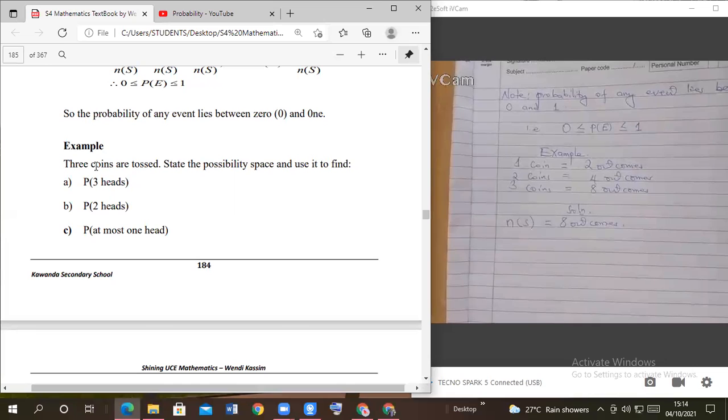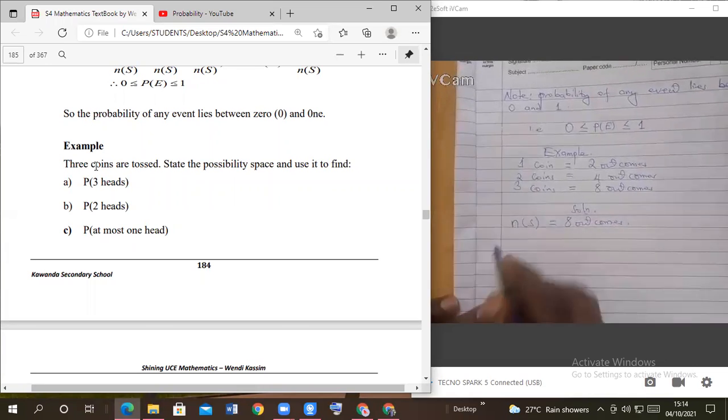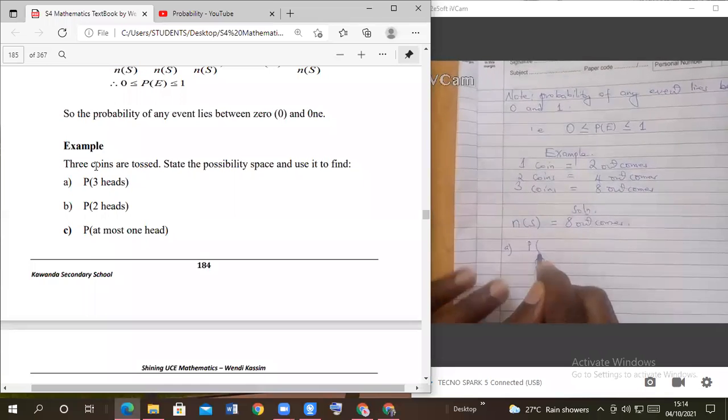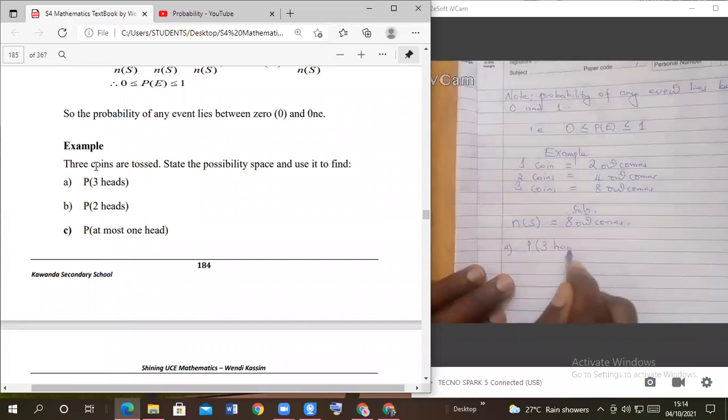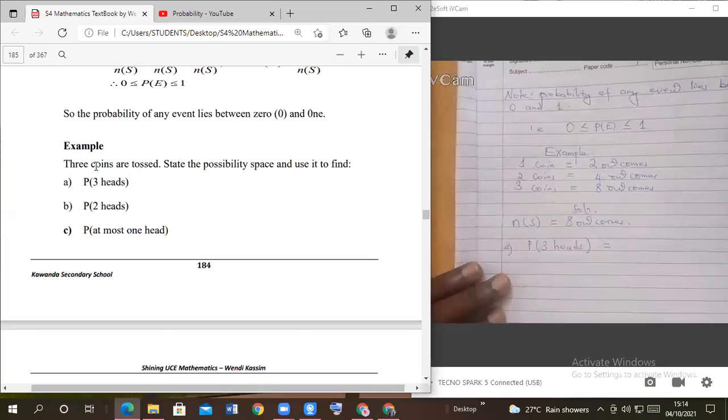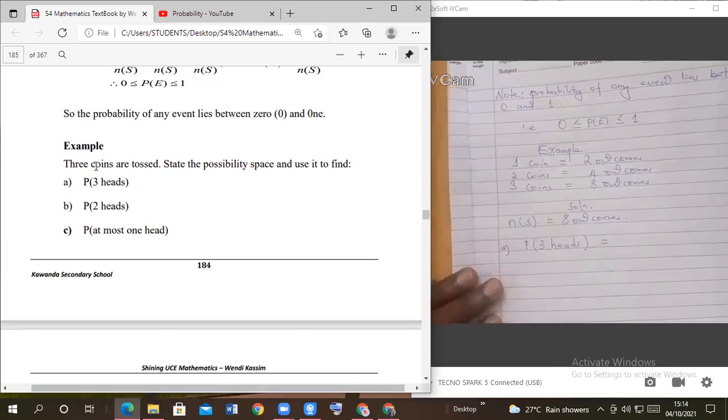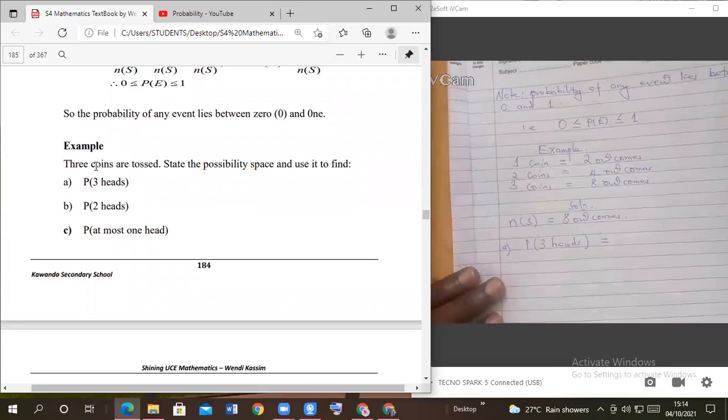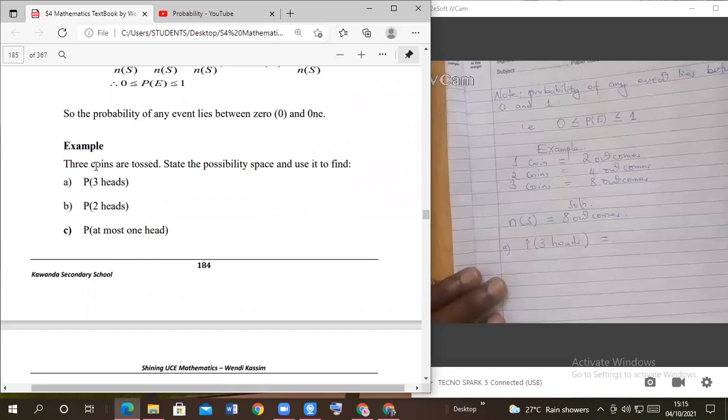Now they're asking us to find the probability of getting 3 heads. Members, what's the probability of getting 3 heads? 1/8.